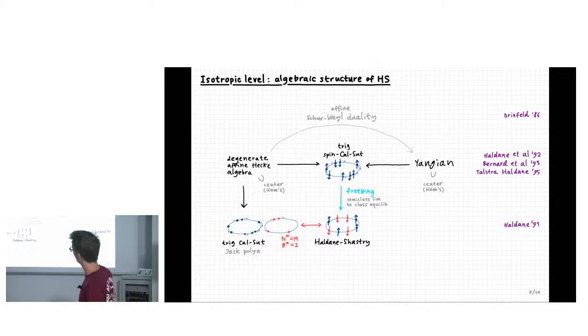Now, this trigonometric spin Calogero-Sutherland model has particles moving around with spins, and they interact in pairs, quite like what happens for a Haldane-Shastry spin chain, and this, again, is no coincidence. There's a special limit called freezing, in which, physically, you send the coupling constant to infinity, or equivalently, you send h bar to 0. So it's some sort of semi-classical limit.